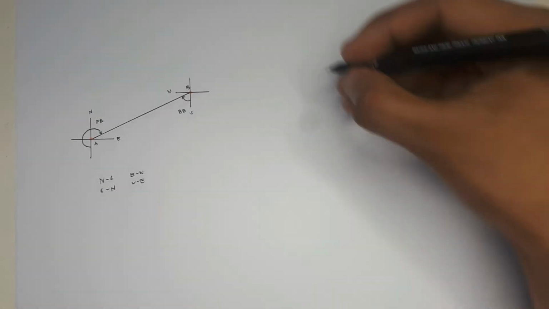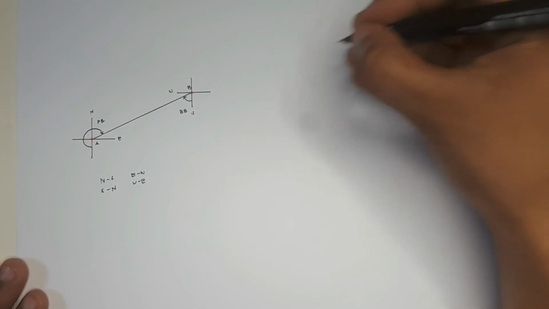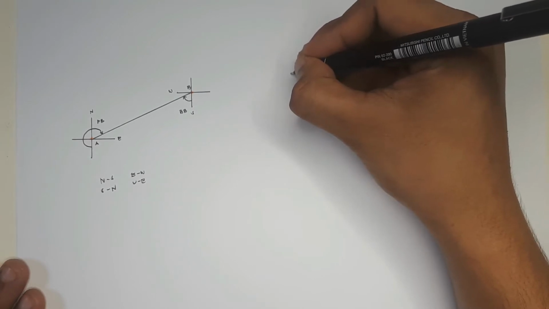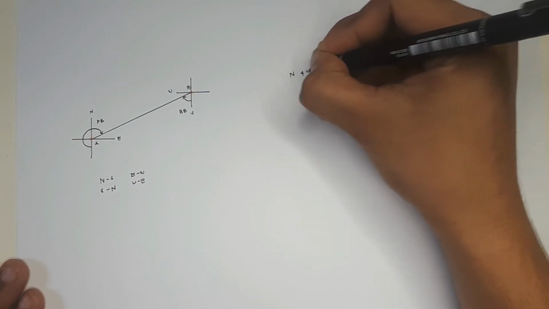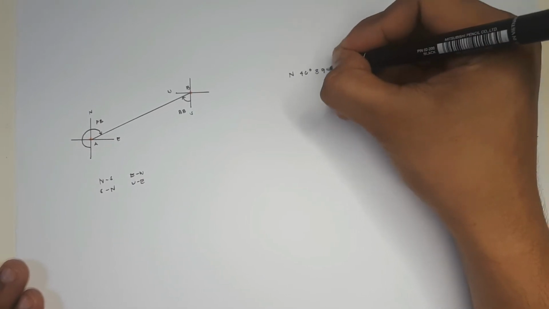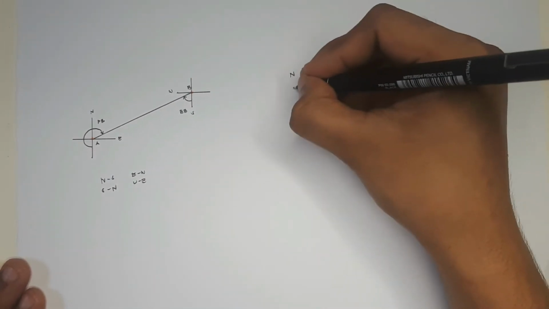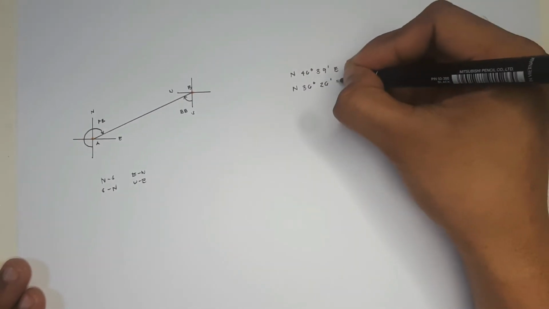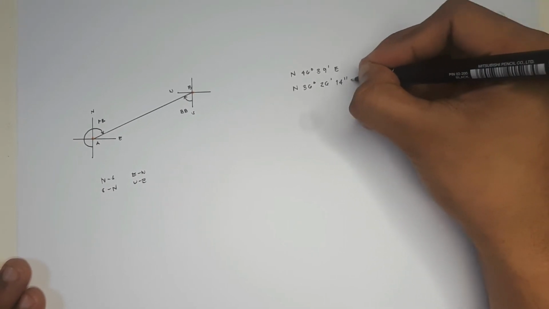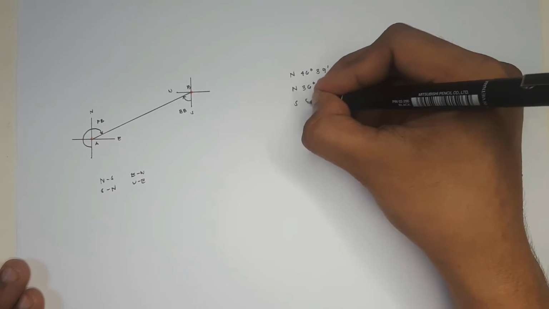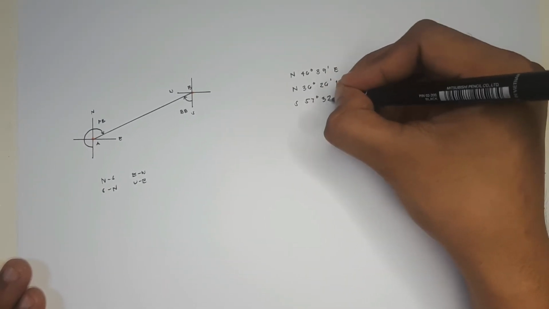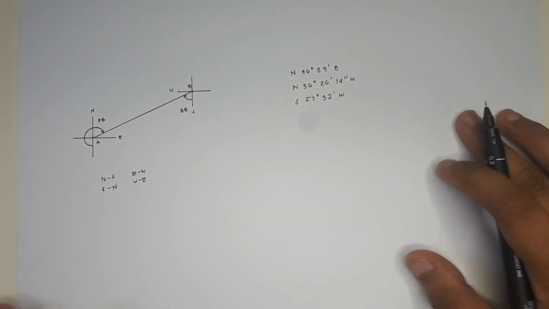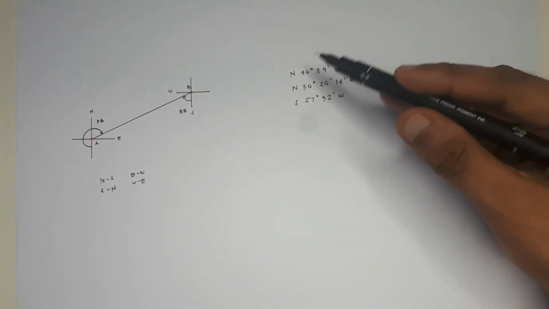So for example, we are to find the back bearing or the forward bearing of north 46 degrees 39 minutes east, north 36 degrees 26 minutes 14 seconds west, and south 57 degrees 32 minutes west. So what is the back bearing or the forward bearing of this given example?